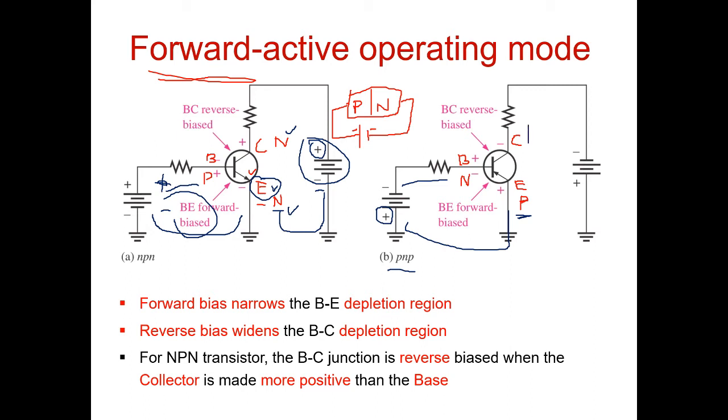The collector is also P-type, but you refer to your emitter, which is P-type. So the emitter you connect to the positive of the source, and then the negative part you connect to your collector. So this is how you get your BJT to operate in the forward active operation, right?